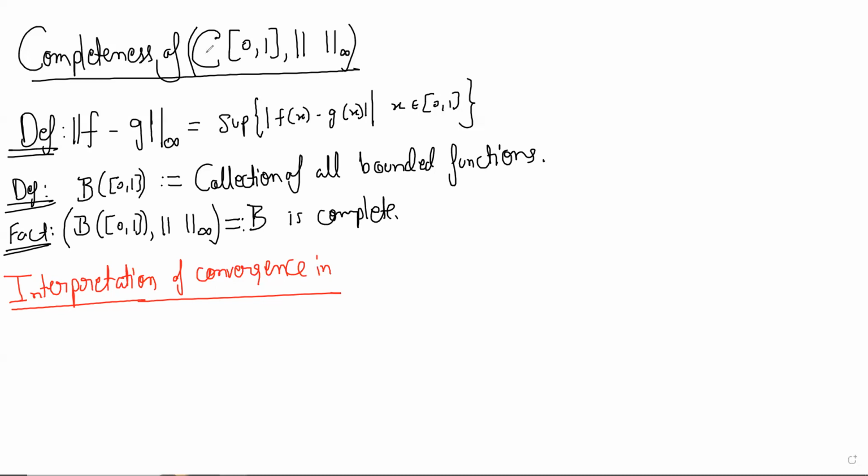I'm not saying anything about continuity, but I'm going to make a comment on this space because that will also apply to this C[0,1], because obviously C[0,1] sits inside this space. But this is going to be nice. Interpretation of convergence in B.